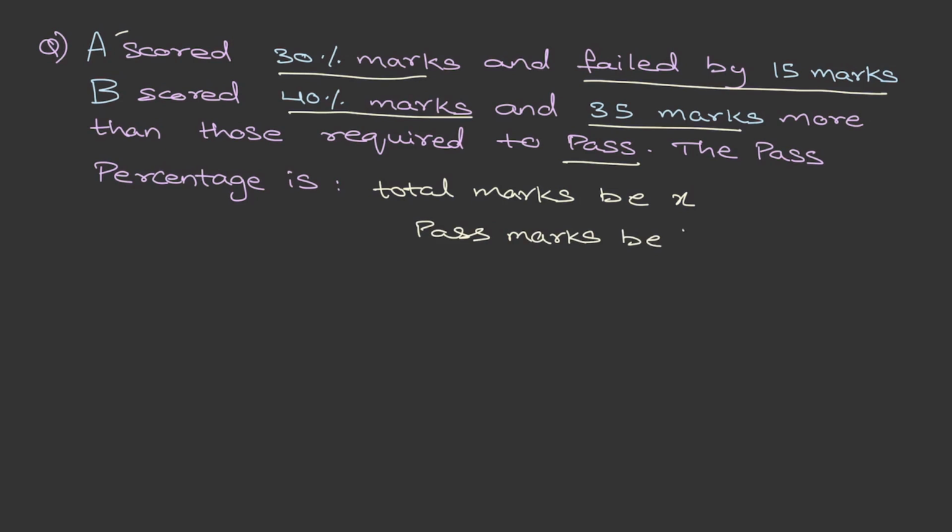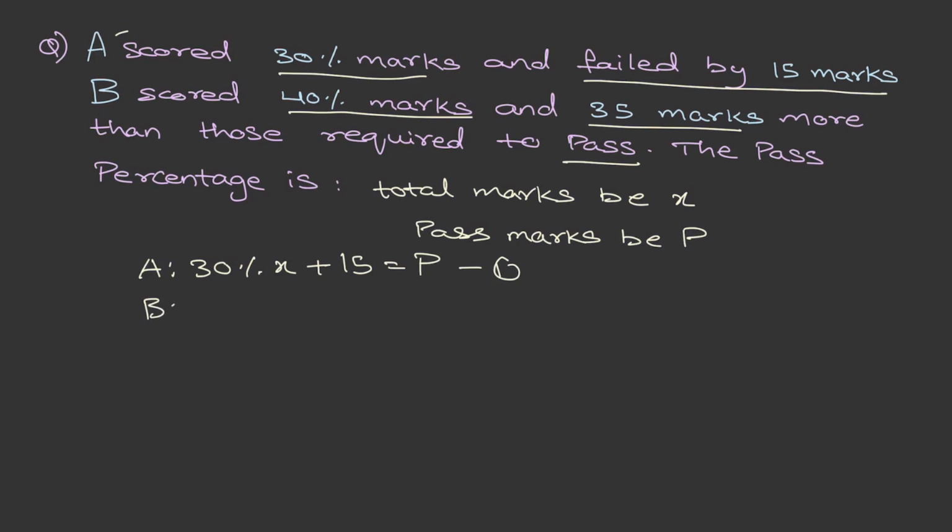Let the pass marks be P. So if we consider case A, he got 30% of total marks and 15 less than pass marks. That is, A's marks plus 15 gives us pass marks. Let this be equation 1.